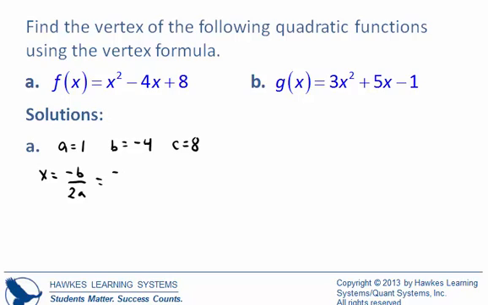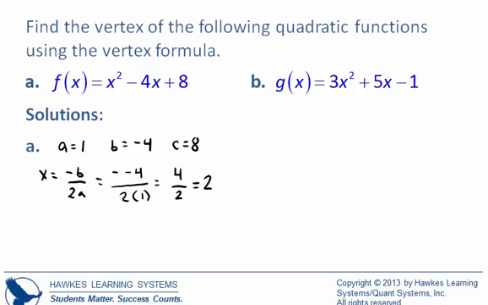So I've got a negative, and then the b is negative 4. And then 2 times a on the bottom will be 2 times 1. So these two negatives make a positive. So on the top I have positive 4. On the bottom, 2 times 1 is 2. 4 divided by 2 is 2. So my x value in the vertex is going to be 2.